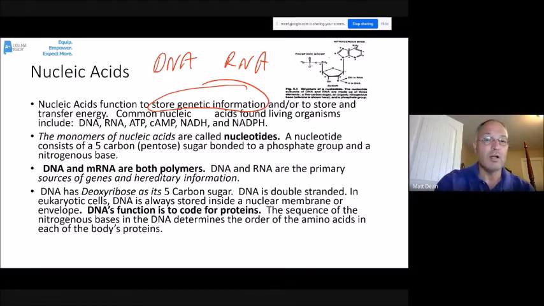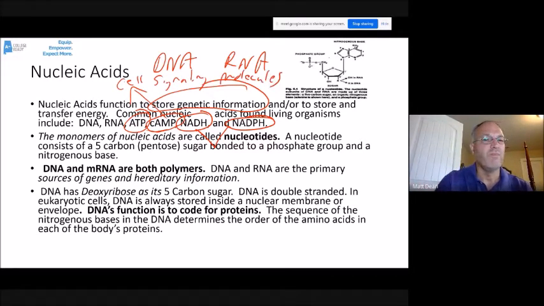And there we're going to talk about ATP, NADH, and NADPH. These we'll talk a lot about during photosynthesis and cell respiration. And some nucleic acids like cAMP also function as cell signaling molecules. So very widely differing functions in the nucleic acids.